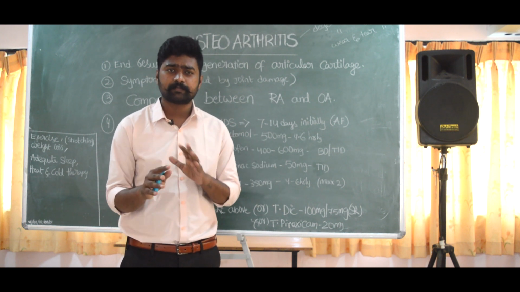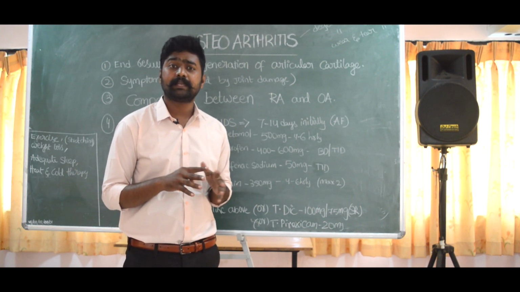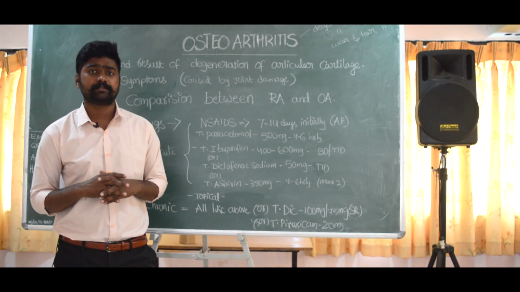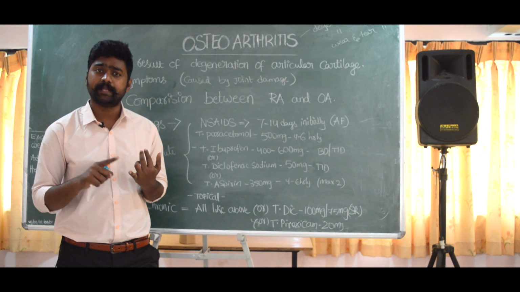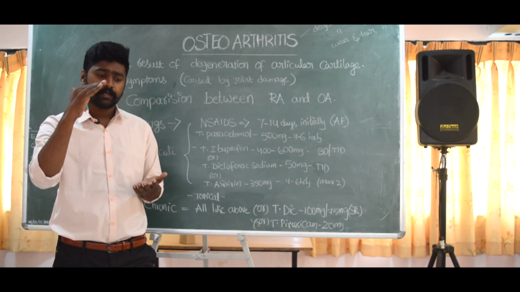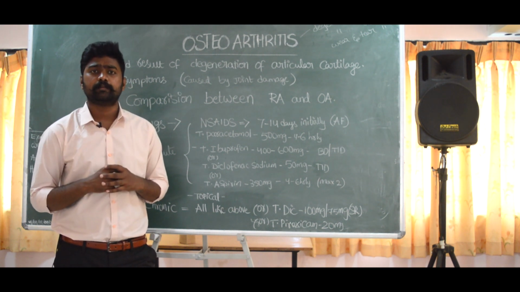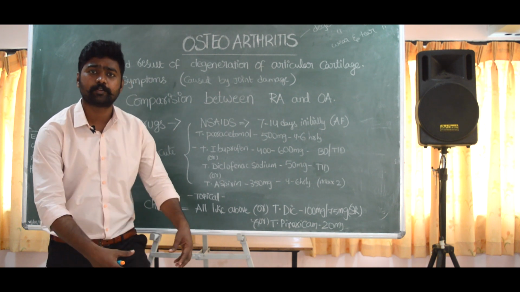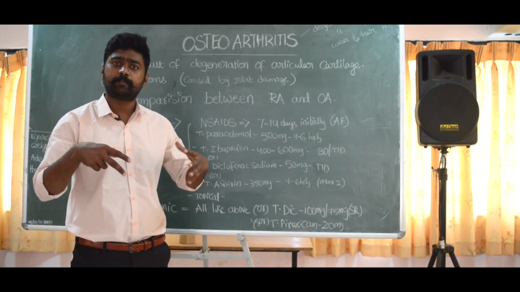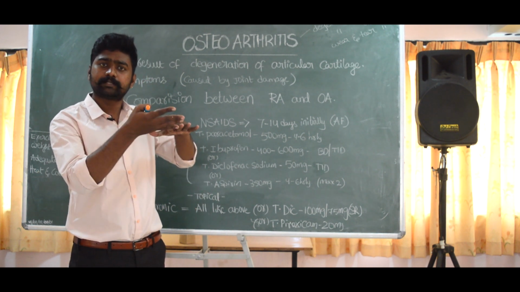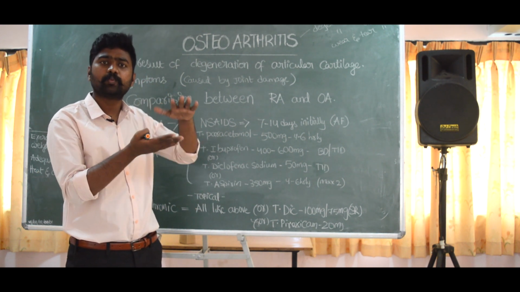Now coming to some patient counseling. In case of osteoarthritis, as we discussed, age is a major factor, right? We have to make sure that we are not overweight. If you are overweight, you have to decrease your weight, because you should not put pressure on joints, right? If you're overweight, definitely there will be pressure on joints. When the articular cartilage gets damaged, what happens?